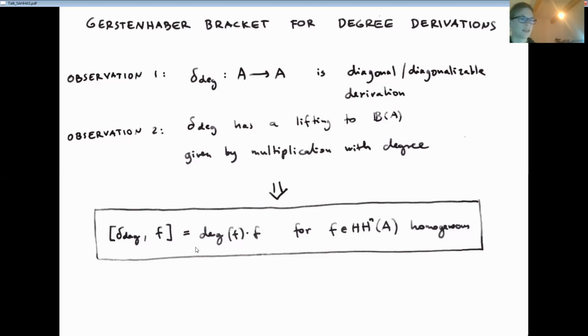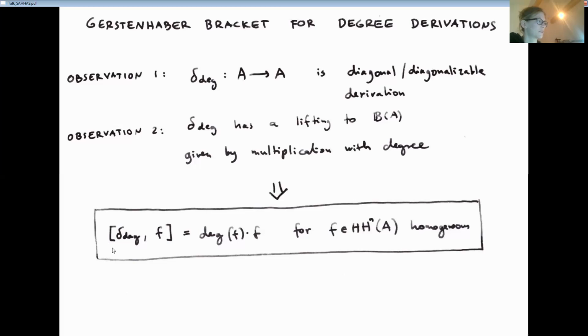So once A has a grading, we obtain two things from that. The n Hochschild cohomology is graded, and we have this nice degree derivation, and everything is just behaving nicely with each other. So from there, even the ugly definition of the bar complex gives us already the evaluation of these degree derivations under the Gerstenhaber bracket.